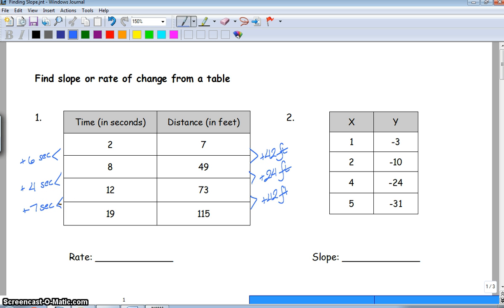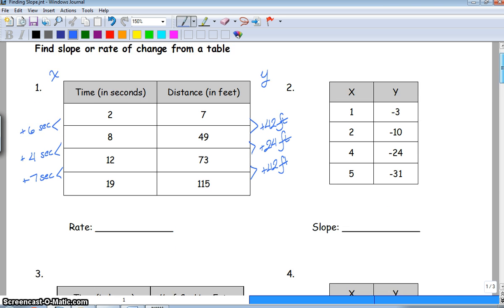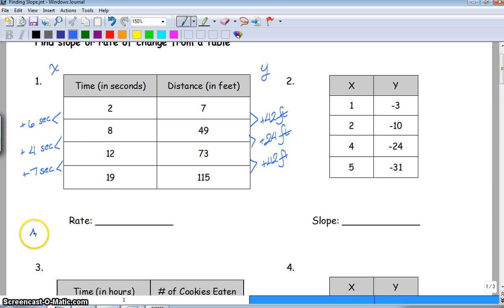So then when we're finding the rate of change, we're going to divide the change in our y values, or the change in distance, over the change in time, or your x values. Make sure you compare all of these changes. So again it's change in y over change in x, 42 is going to be divided by 6.